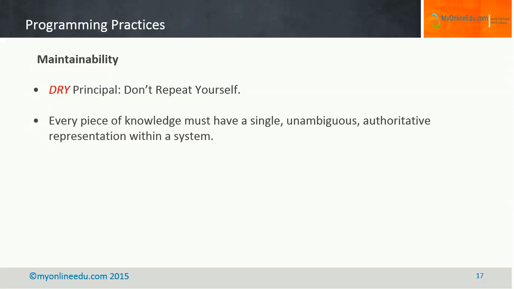As the name implies, if you are writing a program, or designing a particular program, or solving a particular problem, the end result should be that you do not repeat yourself, which means you should not write your code in a repetitive manner. That is why every piece of knowledge must have a single, unambiguous, authoritative representation within a system.